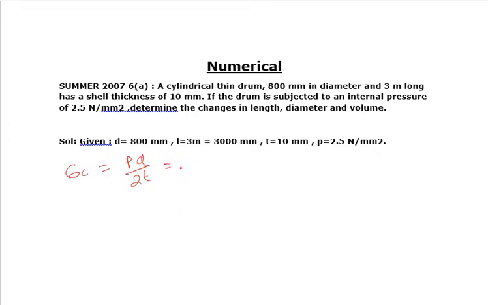So what is the value of P? That is 2.5 into D is 800 by 2 into T is 10.